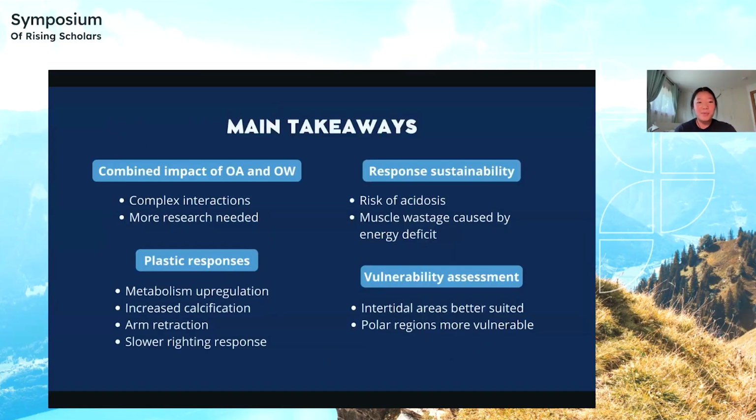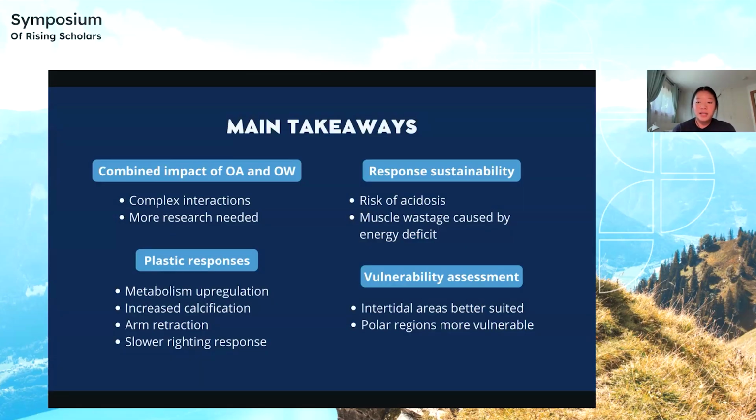So to summarize the main points of my paper, the combined impact of OA and OW is essential to research because they have complex interactions and there's a lack of research currently on their combined impact. The plastic responses that I found were metabolic upregulation, increased calcification, arm retraction, and slower response time.